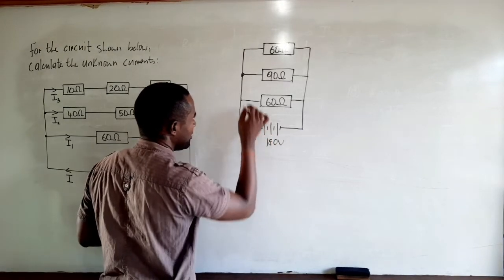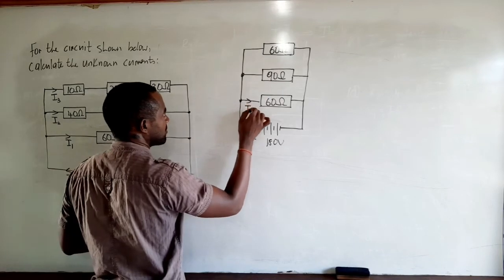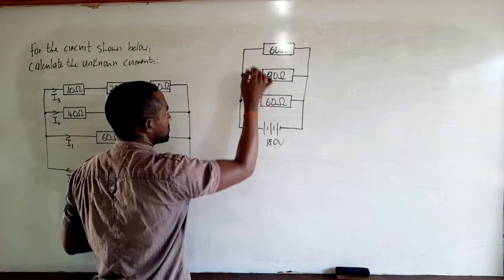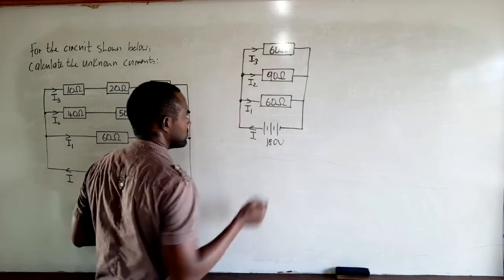Driving a current I. This right here is I1, I2, I3. Right?